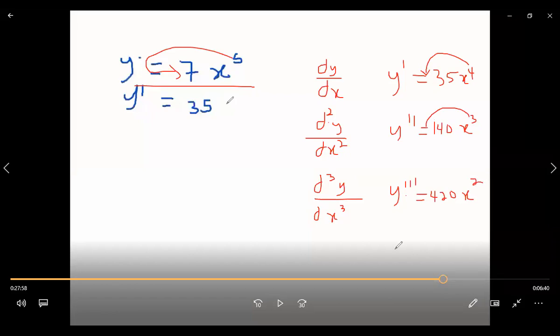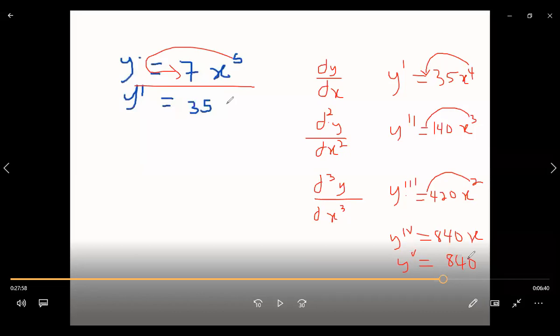Then for the fourth derivative, we differentiate again, so the 2 comes forward and we have 840x. For the fifth derivative, we get 840, a constant. When we differentiate again, we'll get 0 because the fifth derivative gave us a constant.